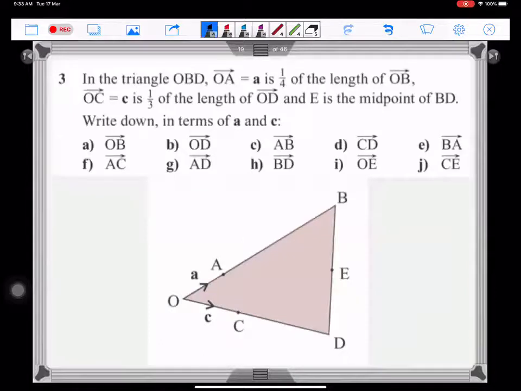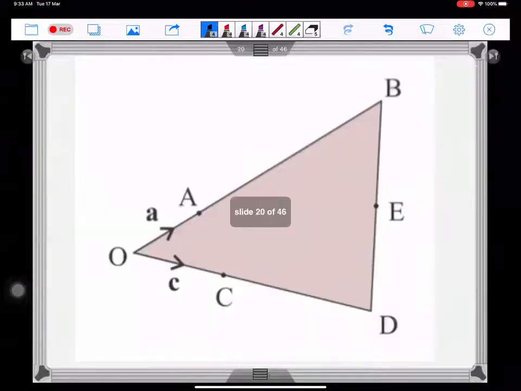In the triangle OBD, OA is A, is 1/4 of the length of OB. Okay. OA is A. That means this much is A. This much approximately is A again, and this much approximately is A again. It's not drawn to scale.